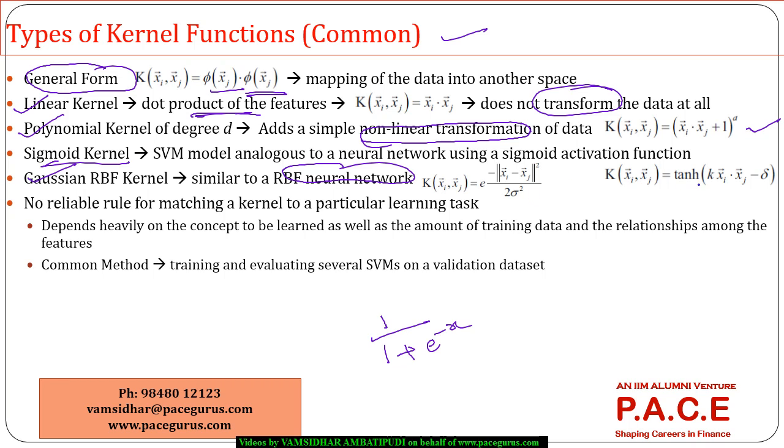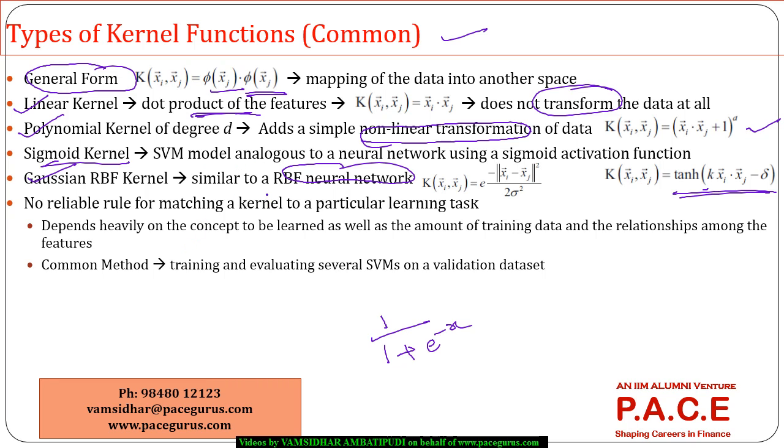Right, a sigmoid function also comes with tanh, the hyperbolic tangent: tanh of k times xi bar dot xj bar minus delta. So we are applying different kinds of kernel functions where a non-linear relationship can very well be transformed into a linear relationship, and the classification or the prediction of the values becomes more and more comfortable.